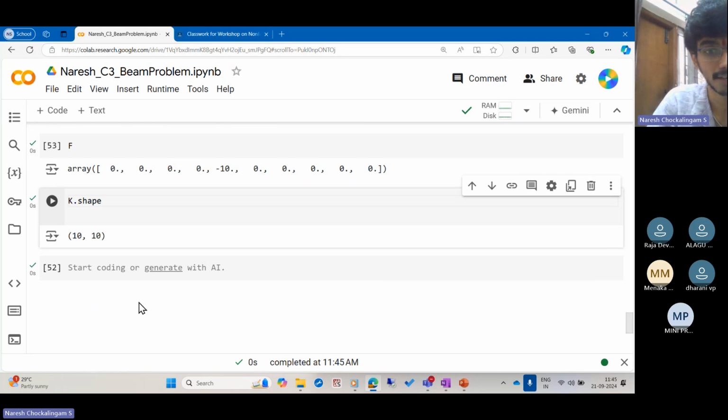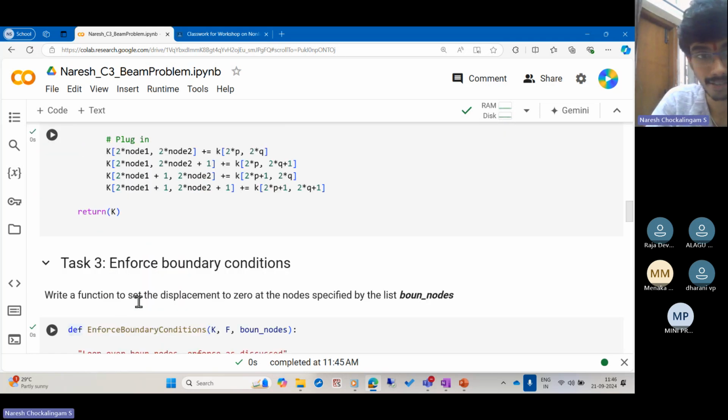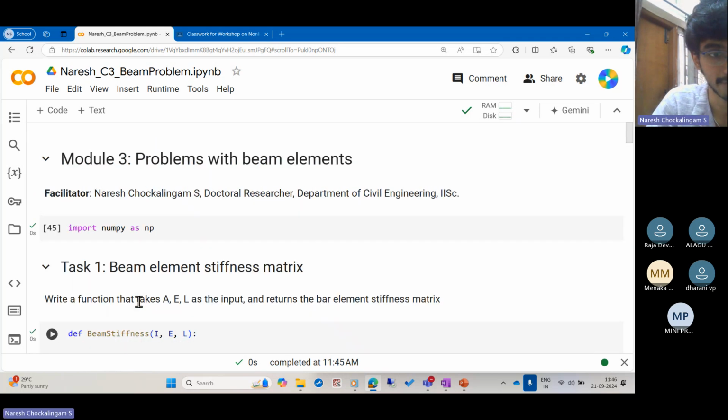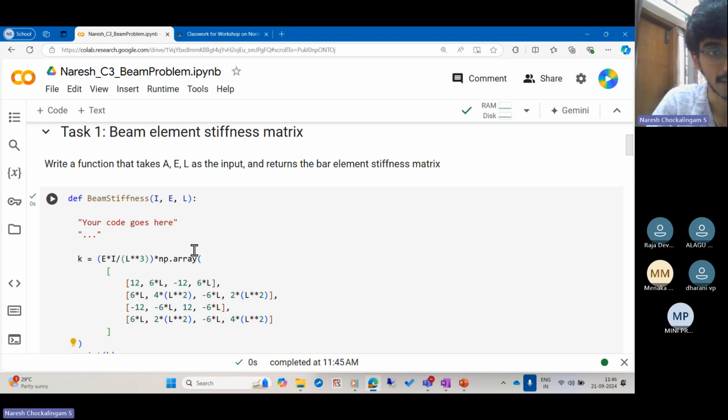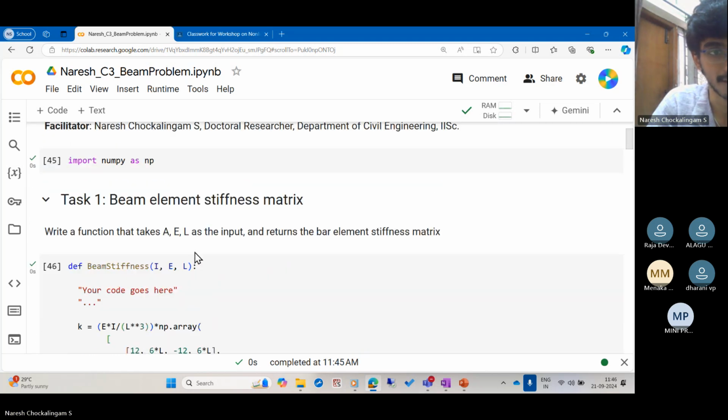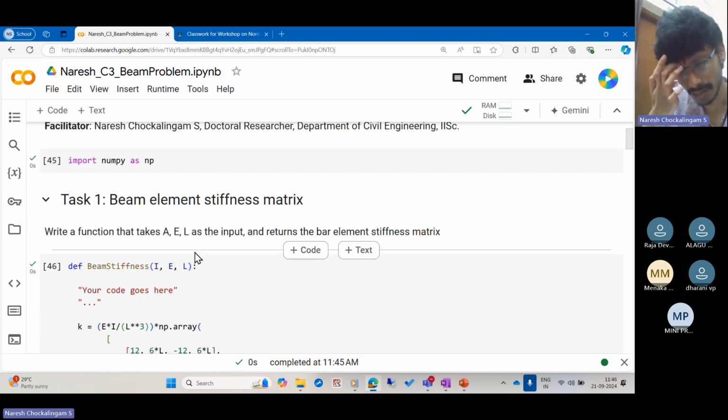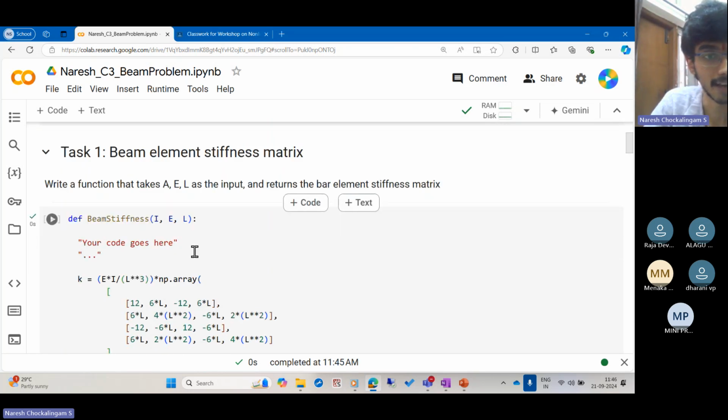Okay, so I think today we can end it here. We've already taken extra time. Next session we can look at trusses and frames, and that will complete the first 2 modules. That can be done faster because beam and frame stiffness matrices are very close.